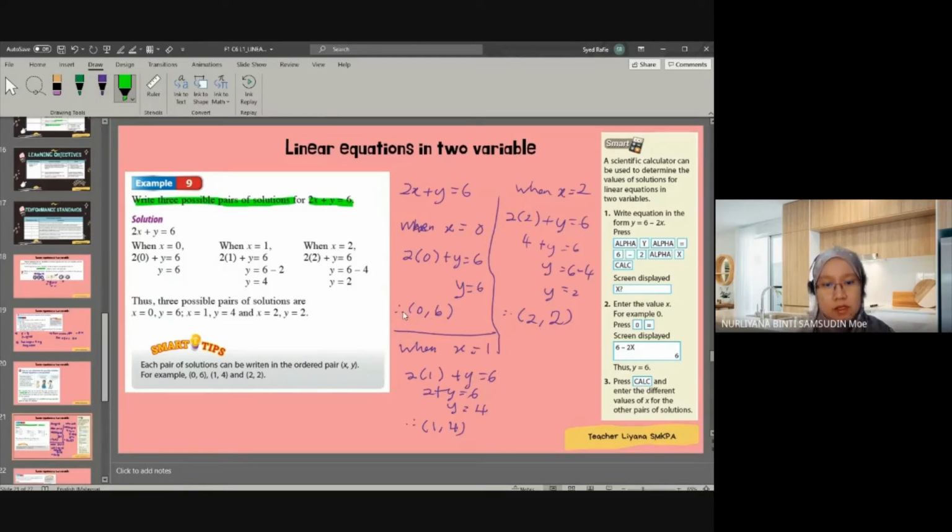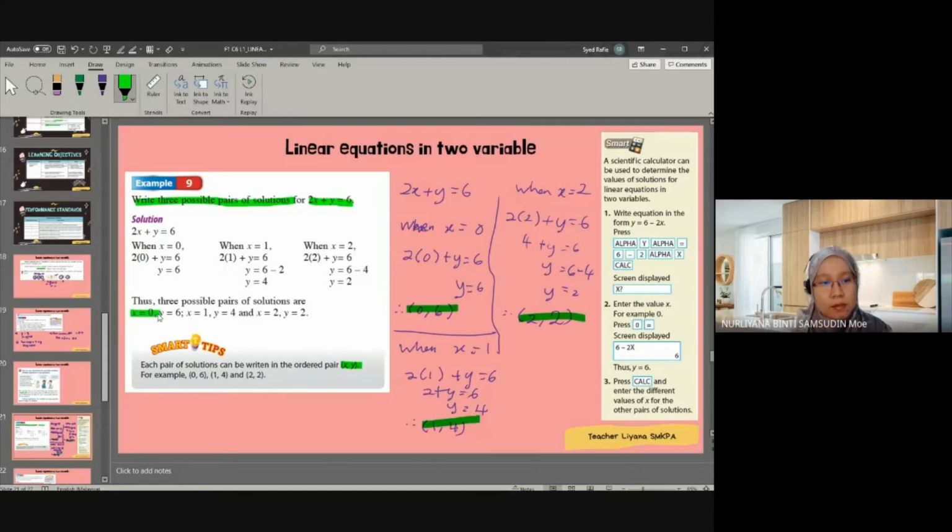0, 6; 1, 4; 2, 2. You can write it like this. This is called an ordered pair. You put the value of x first and then followed by y in a bracket.